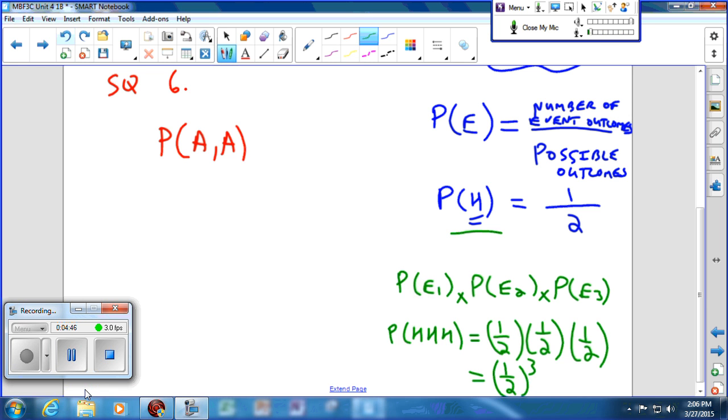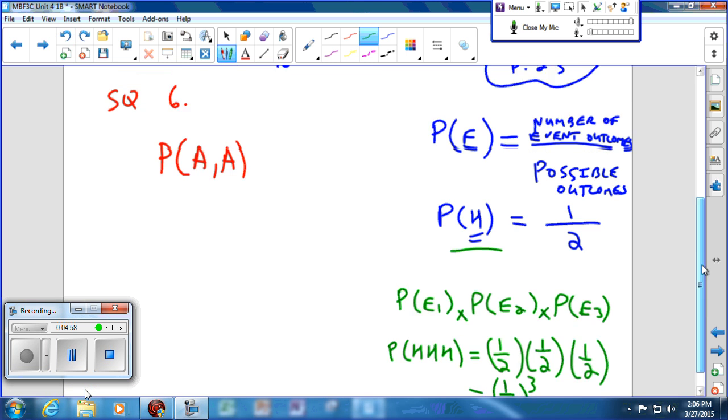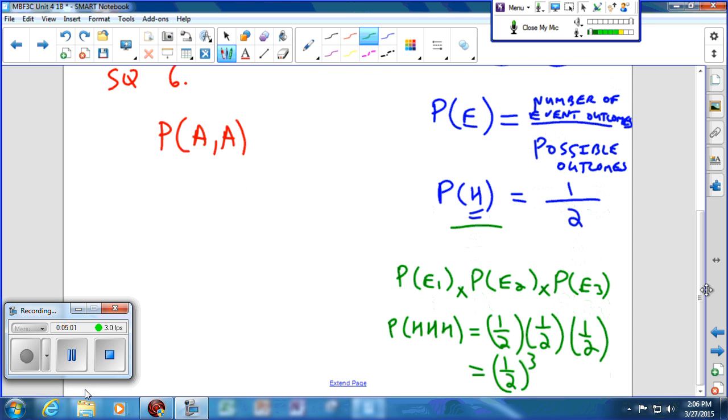It's just the probability to the power of however many times we want to do it. If it's 3, power 3. If it's 5, power 5. A million, power a million. I hope you can see that the number gets much smaller the bigger the power. The more trials we want the event to come out a certain way, the much lower the probability. The probability of one head is just a half, and it gets smaller and smaller.